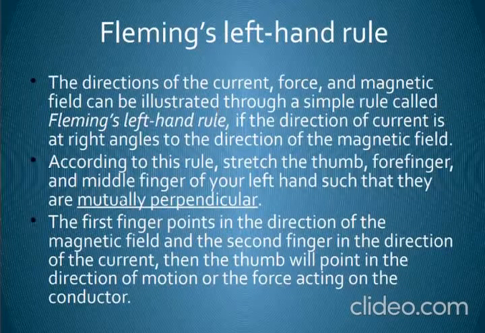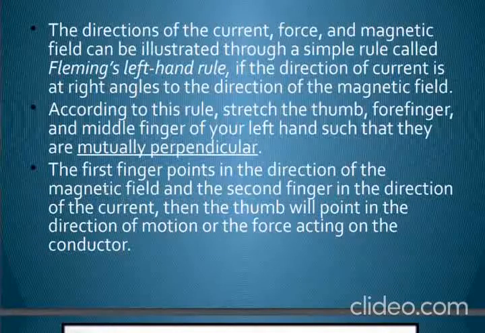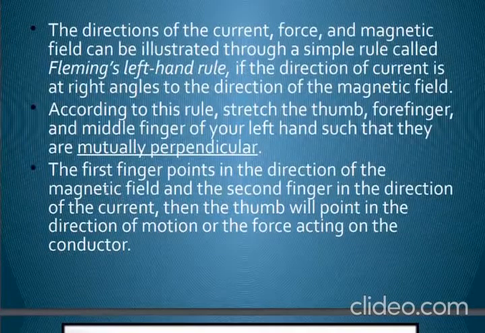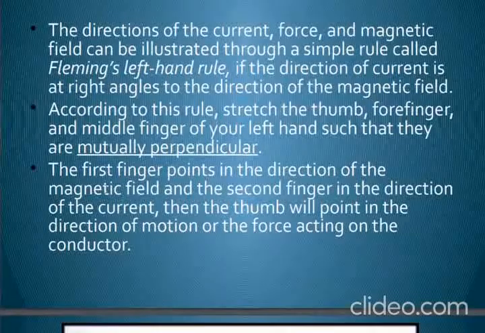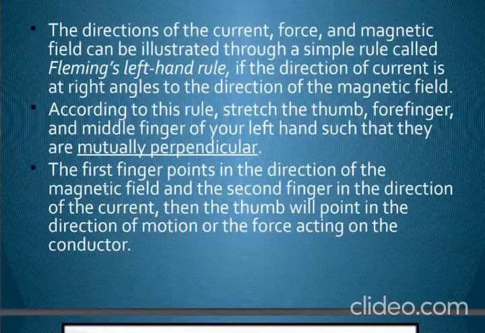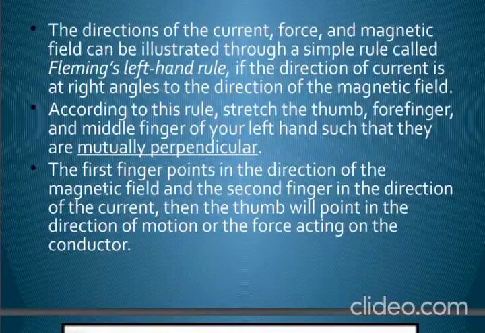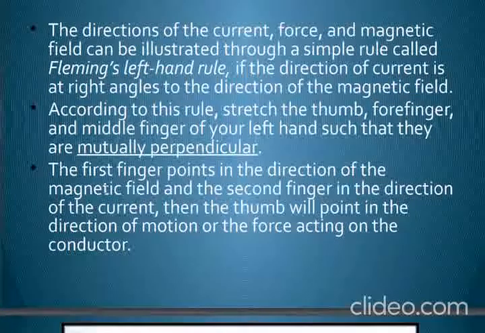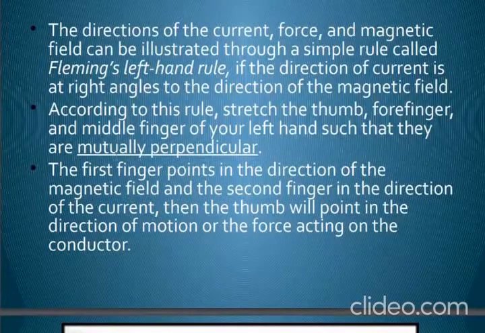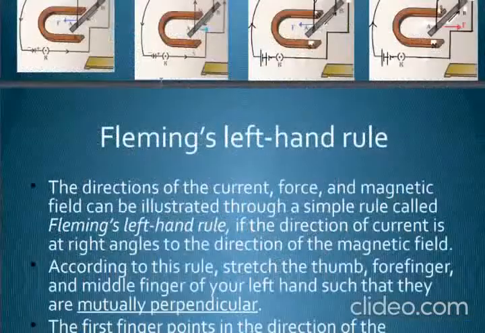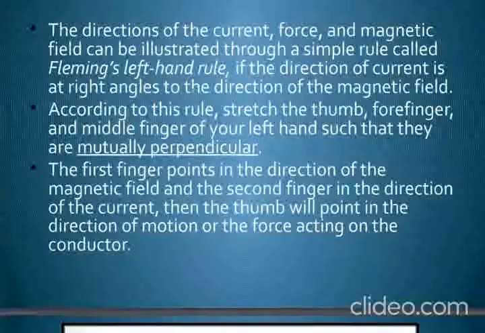So you see here, the forefinger points in the direction of magnetic field, and the middle finger points in the direction of current, then the thumb will point in the direction of motion, or in the direction of force acting on the current carrying conductor. So this is all about Fleming's left hand rule.